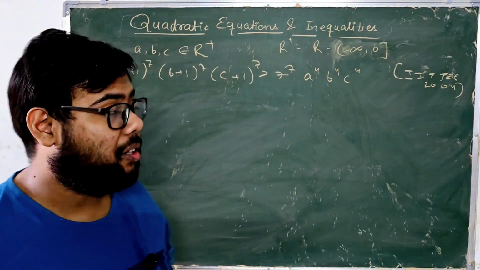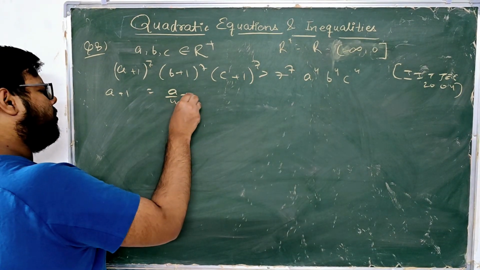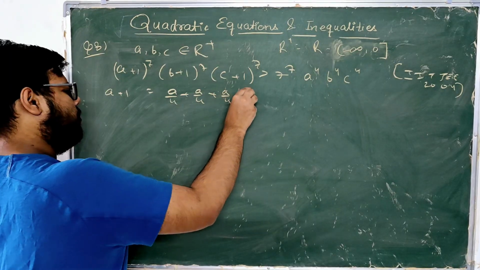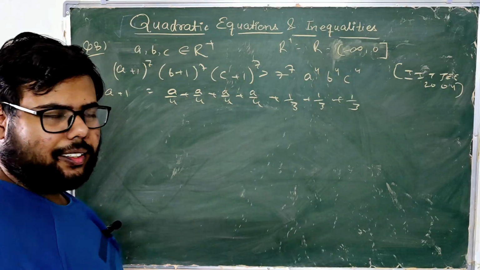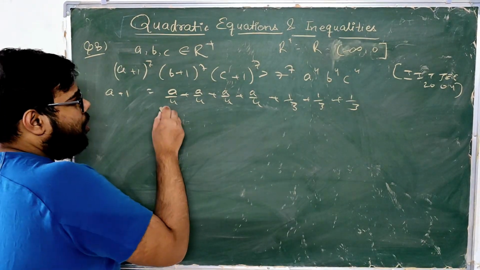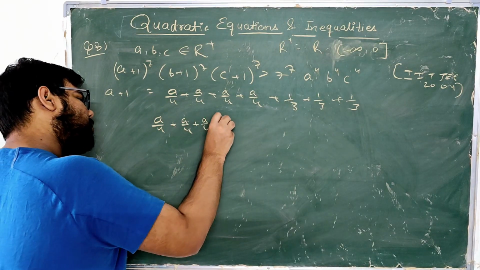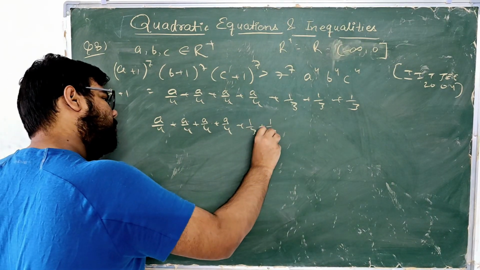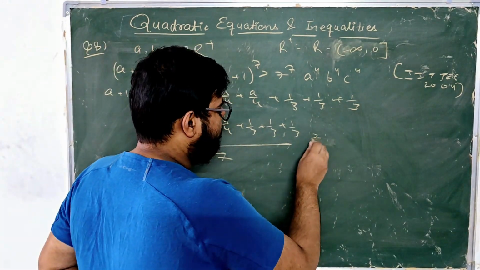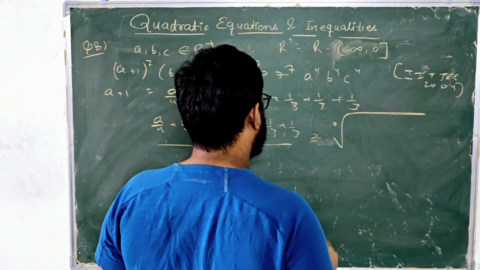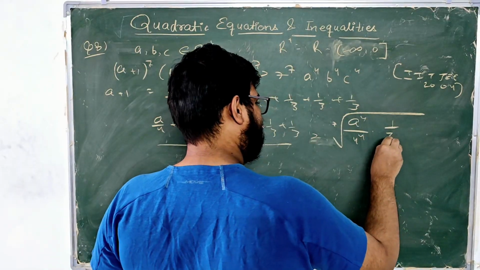So let's see, does it actually work? You can write A plus 1 as a sum of terms. Correct. You can write it like this. So now what you will do is that you will take A, there are 7 terms, greater than or equal to the 7th root of A raised to the power 4 divided by 4 raised to the power 4 times, correct?